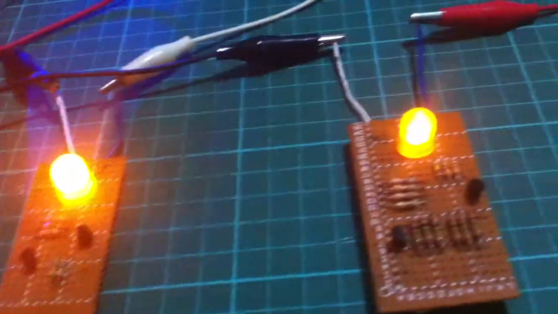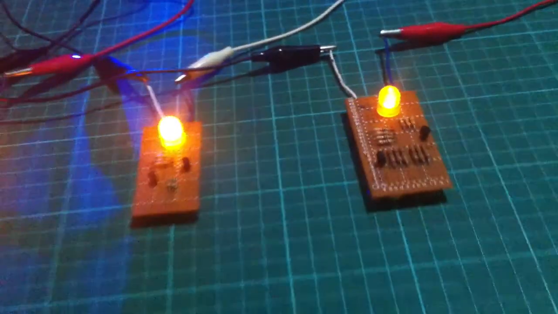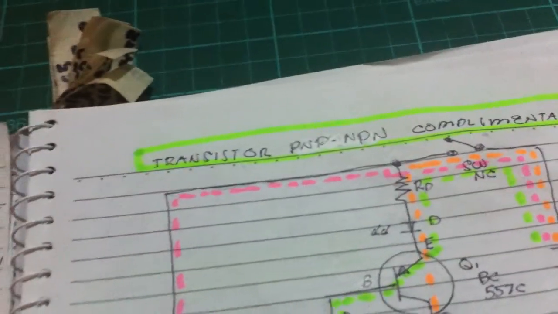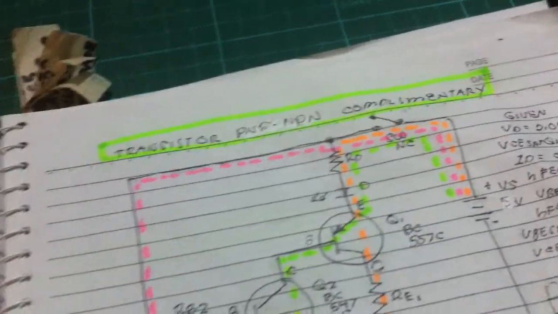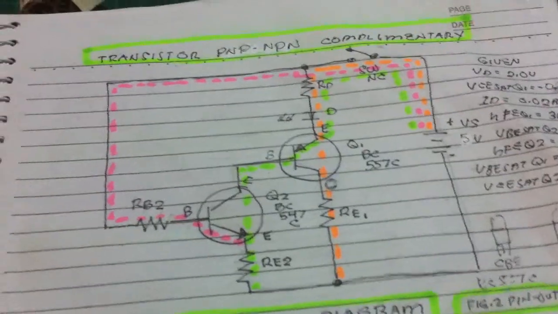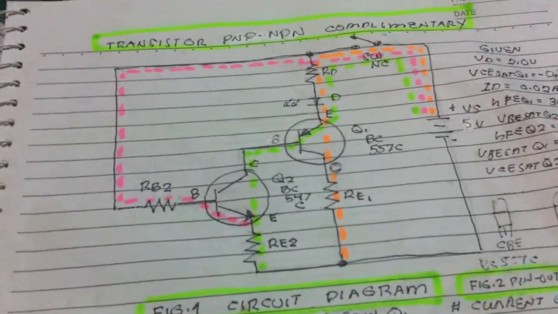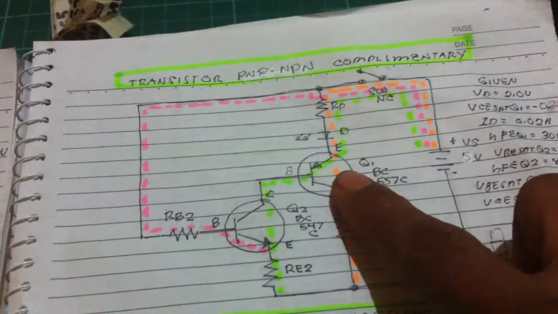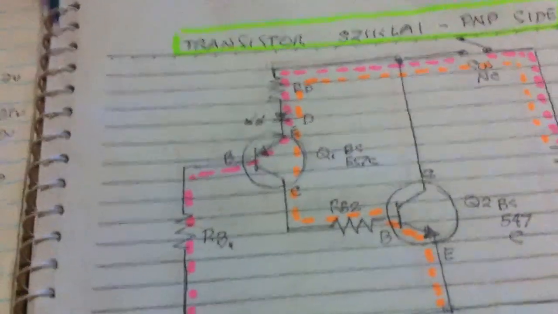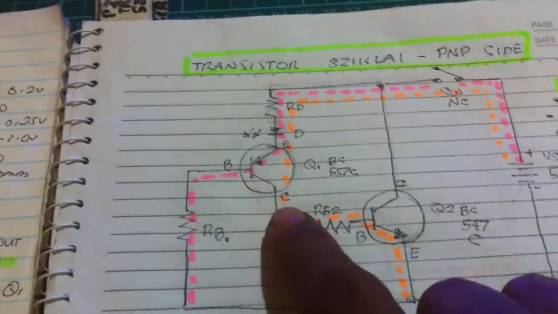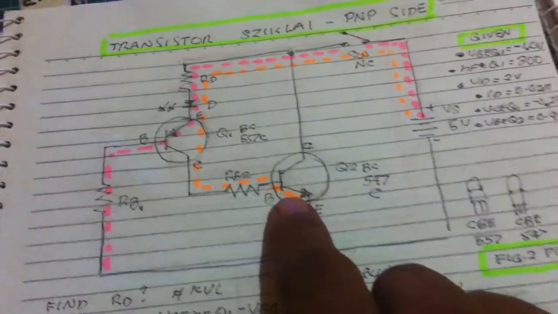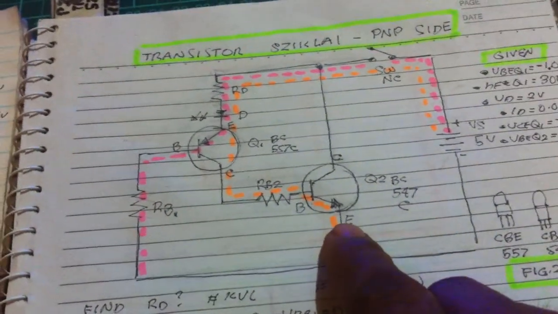And we have here a new circuit. This circuit is the PNP-NPN complementary transistor, and it has a different design or circuit diagram. The PNP base is connected to the collector, unlike the cyclic. In the cyclic, the collector of the PNP is connected to the base of the NPN.